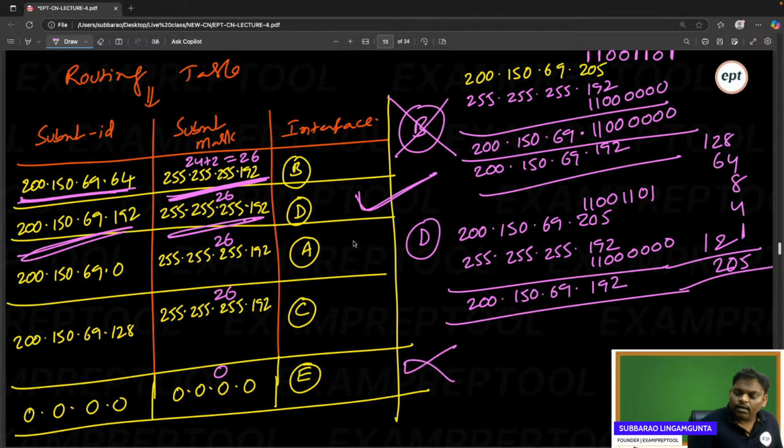So all will match also, no problem. The reason is all are having number of ones as 26 only. All are having subnet mask number of ones same. Am I right or not? When you have doubt, you can check further.